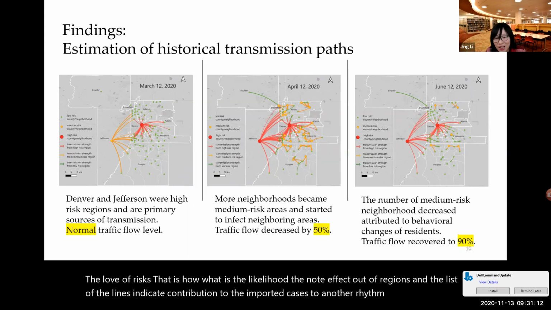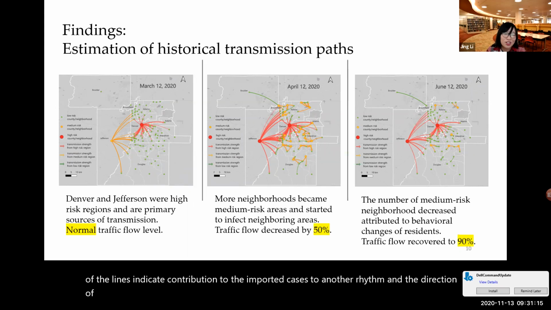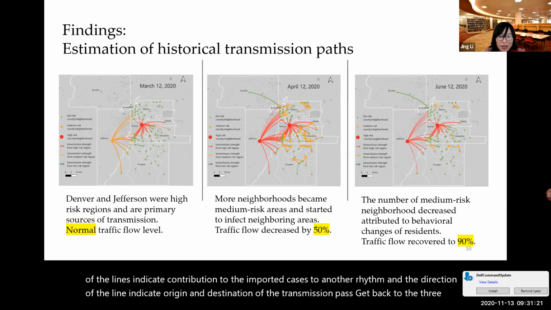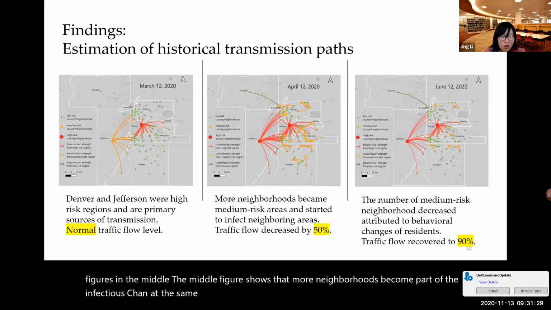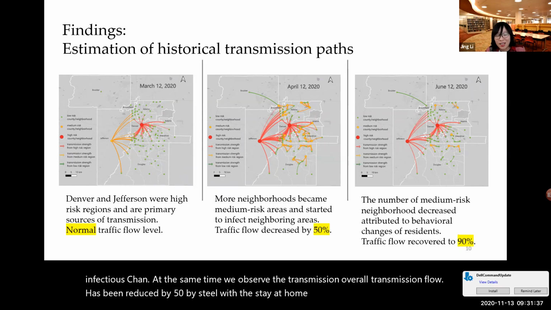And the direction of the line indicates the origin and destination of the transmission path. Getting back to the three figures, the middle figure shows that more neighborhoods become part of the infectious chain. At the same time, we observe the overall transmission flow has been reduced by 50%. But still, the stay-at-home order does not immediately change the spread dynamics.